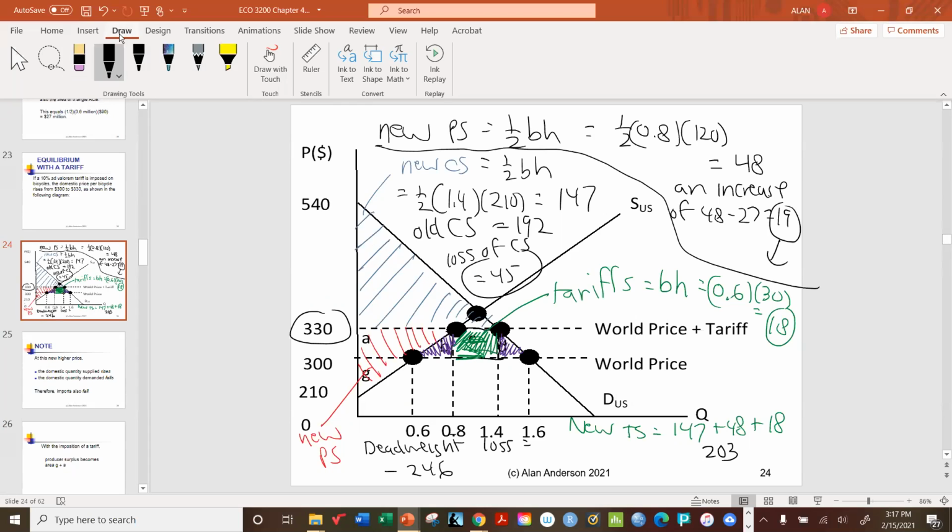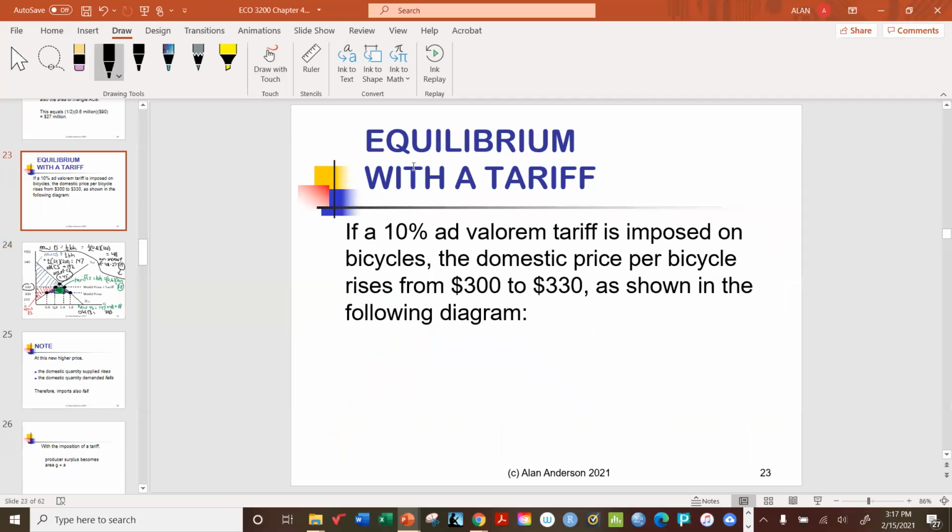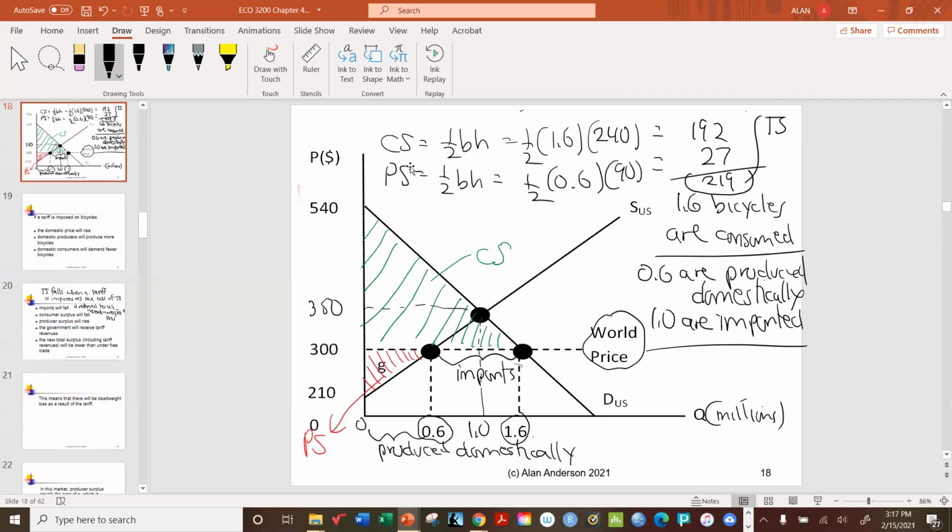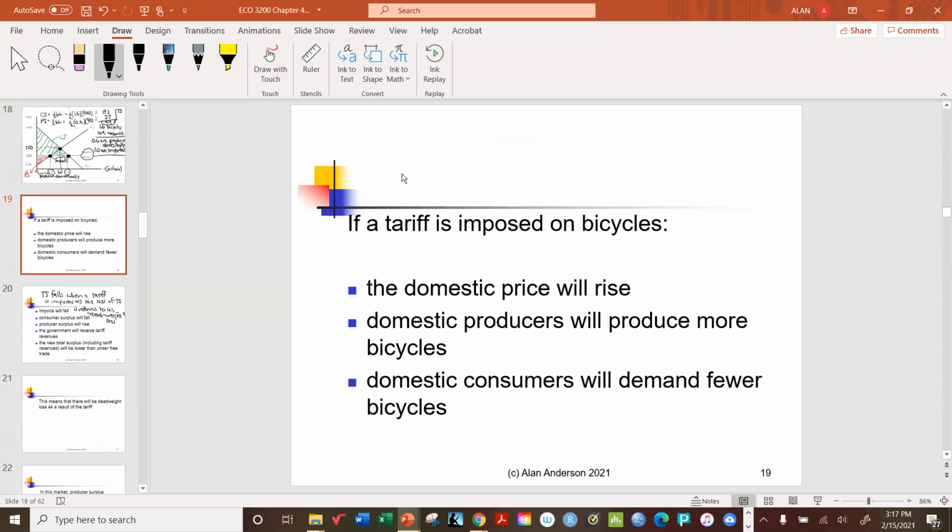The old total surplus, okay, so the old total surplus was, let's see, what was it? 219.